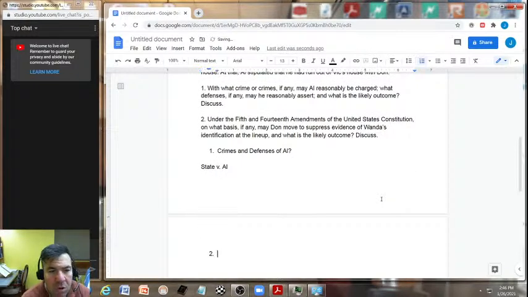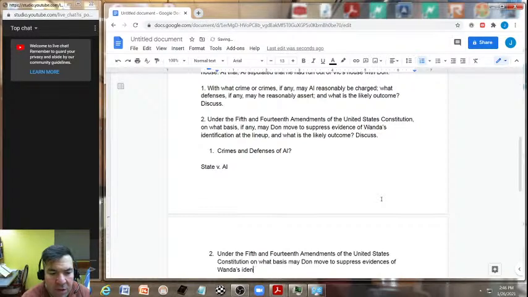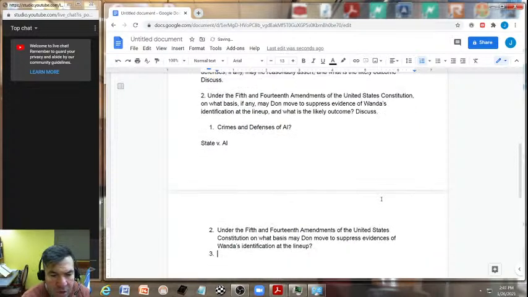And then number 2, we want to make sure to talk about under the 5th and 14th Amendments of the United States Constitution, on what basis may Don move to suppress evidence of Wanda's identification at the lineup? Okay.